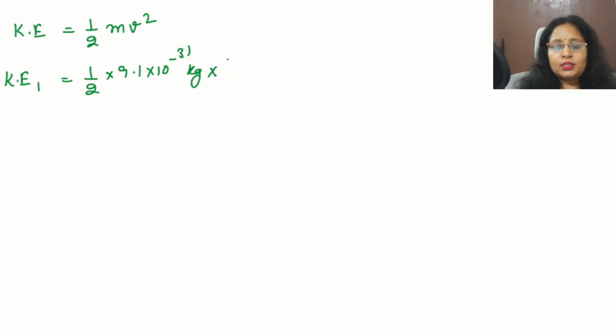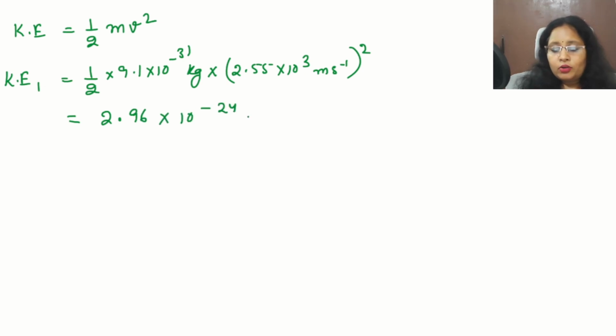Now the first velocity is 2.55 into 10 to the power 3 meter per second, as we calculated, and in the formula it is squared. Now expand it and calculate, and we will get the value 2.96 into 10 to the power minus 24 joules. This will be our calculated result. In the same way, we will calculate KE2 and KE3.